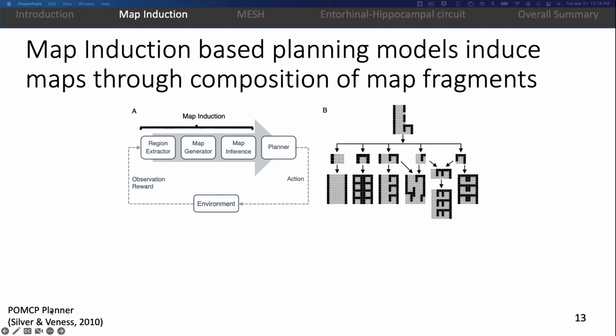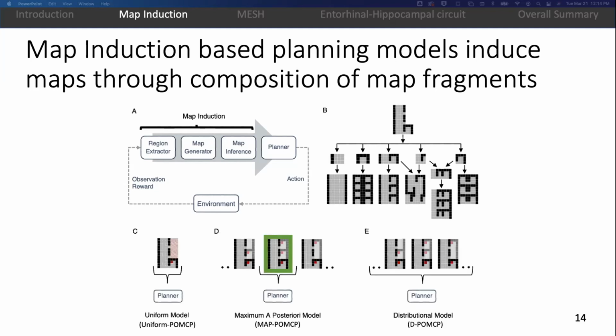So for the planner, we use a POMCP-based planner that solves an underlying partially observed Markov decision process using approximate methods like Monte Carlo tree search. And we consider 3 model hypotheses. One is the uniform model. So the uniform model assumes uniform probability for the existence of reward, empty space, or wall in unobserved spaces.